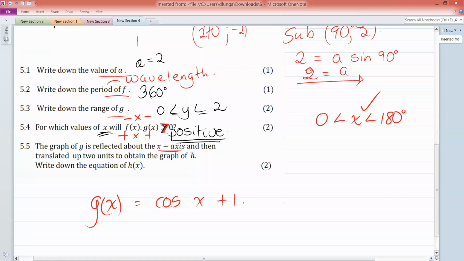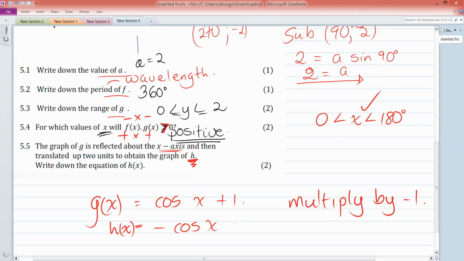We have to multiply the entire graph by negative 1. So when you do that, remember we want to get the new h. With the reflection, it's going to be negative cos x minus 1, because you multiplied this whole thing by negative 1.